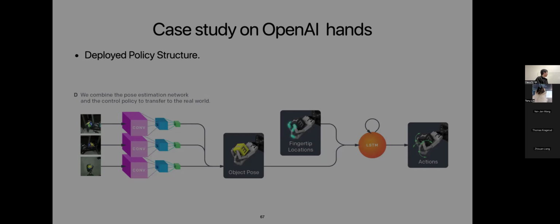So it gets rid of all the unrealistic rendering effects and only considers quantities that are very close from sim to real. That's why it can work. Otherwise, if you train a vision policy, there would be a significant amount of other work to transfer it from sim to real.